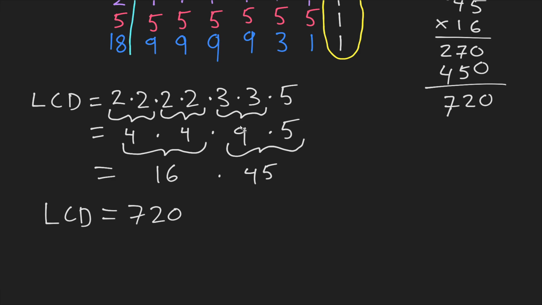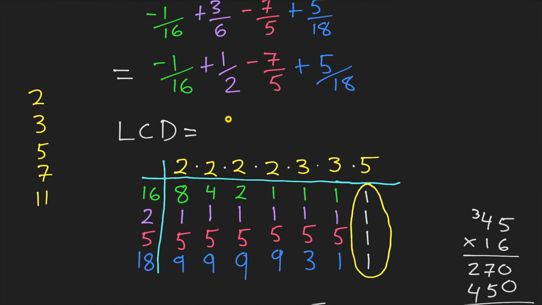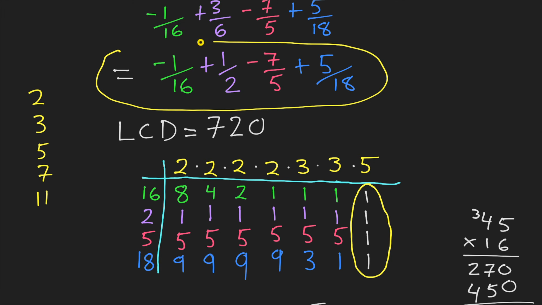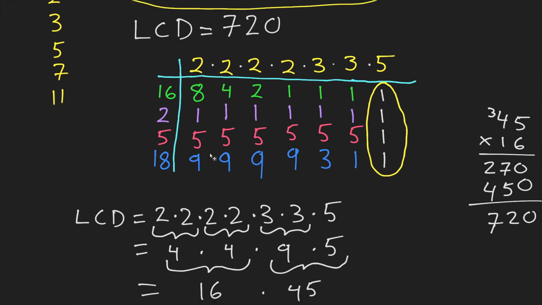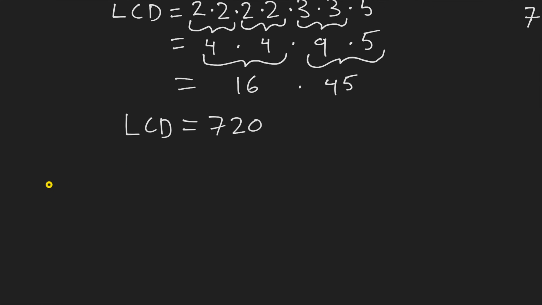So now your objective is to take every one of these fractions and convert it into an equivalent fraction that has a denominator of 720, because 720 is your least or lowest common denominator. So I'm just going to take this line up here and write it at the bottom of the page so that we can just work underneath that line.